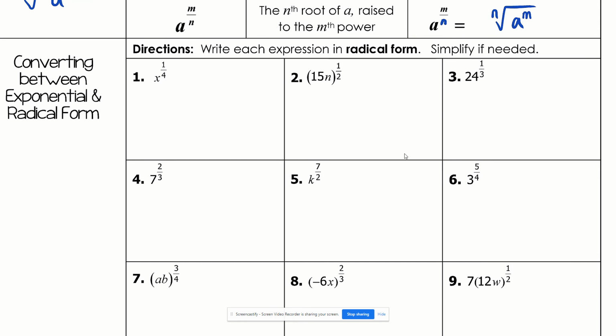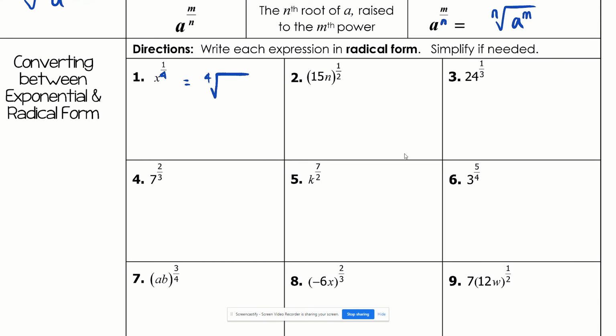So here we go. See how we have a fractional exponent? X to the 1/4 power. When I see that and the question says, write this in radical form, I know that I need to go ahead and put my radical. The denominator of that fractional exponent is the root.